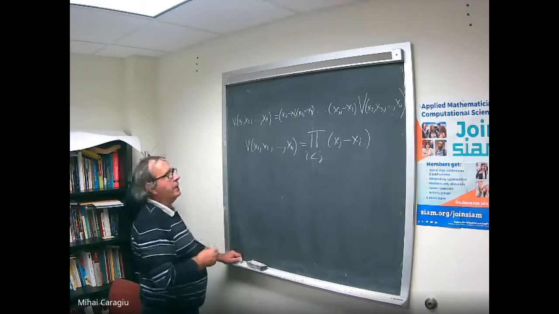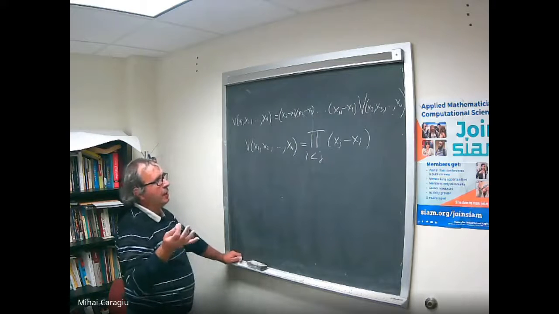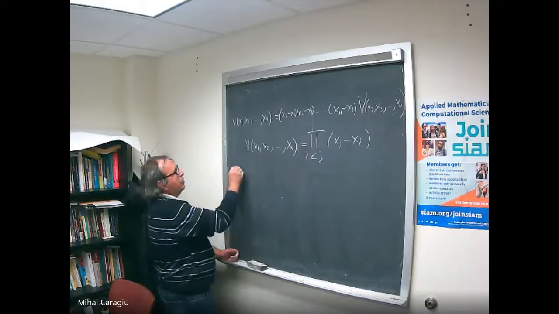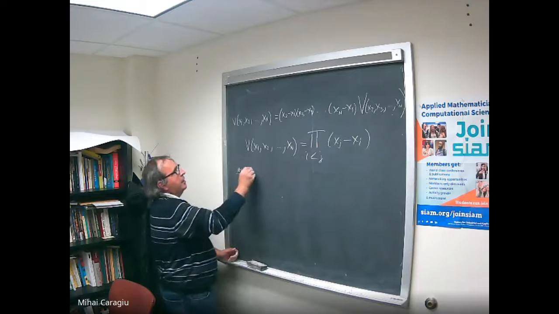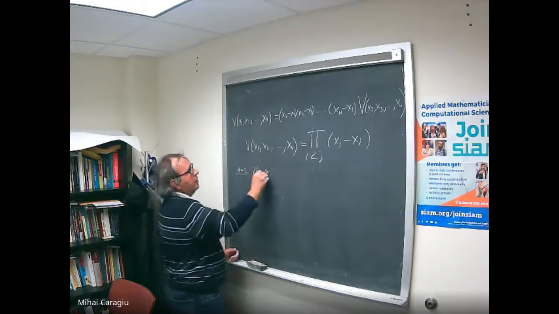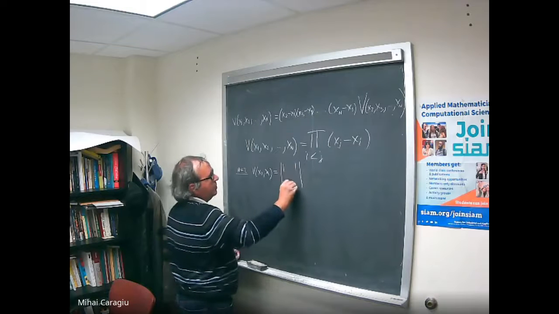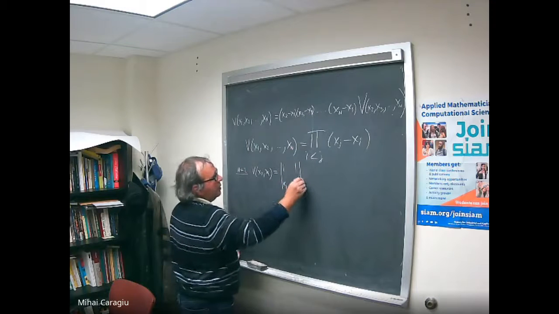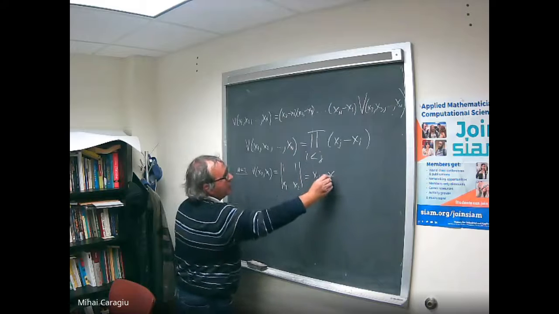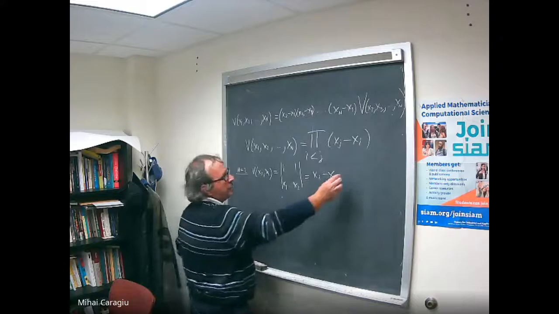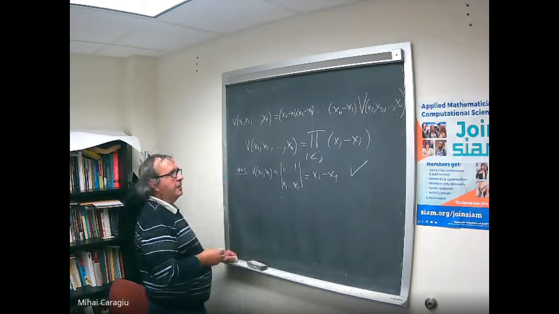For n equals 1, it is the empty product, which is automatically 1, so no problem here. For n equals 2, V of x1, x2 is the determinant of 1, 1, x1, x2, which is x2 minus x1, that is xj minus xi with j bigger than i. That's okay, so the base step is taken care of.